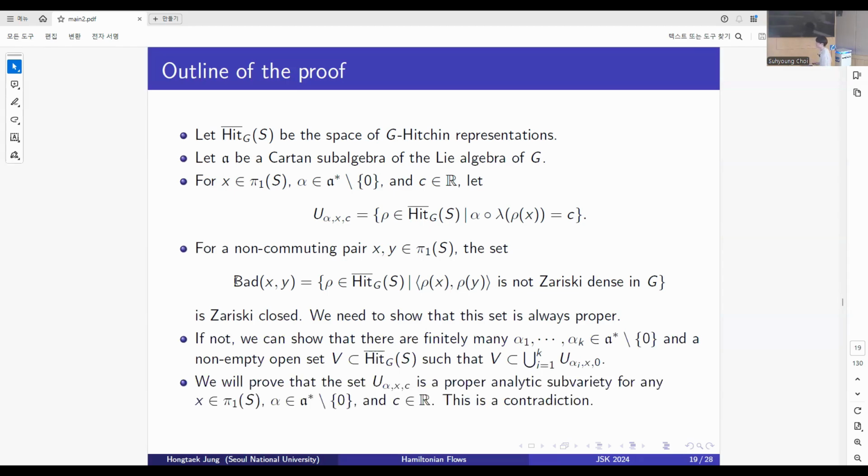Well, because U alpha, x, c is a proper analytic subvariety, that's something that we will prove in a minute, this can never happen, because a proper analytic subvariety cannot contain any open set. So this is a contradiction. So the key point is to show that this set is always proper for any choice of alpha, x and c.